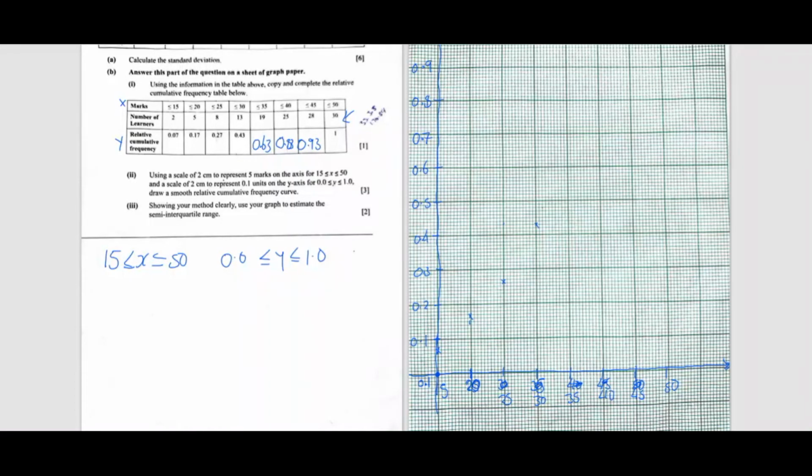Then we'll have 35, 0.63 here. Then the next one is 40, 0.83. Then we'll have 45, 0.93. Then we'll have 50, 1. So 50, 1 is here. So this is now our graph.